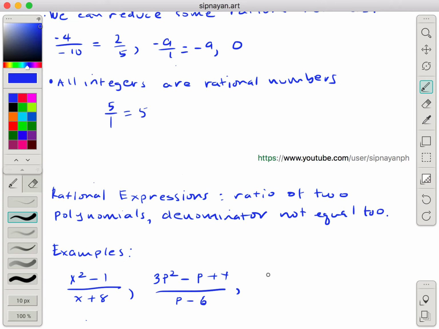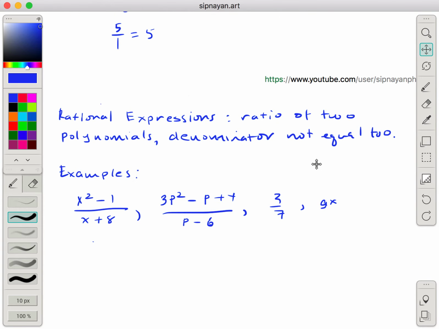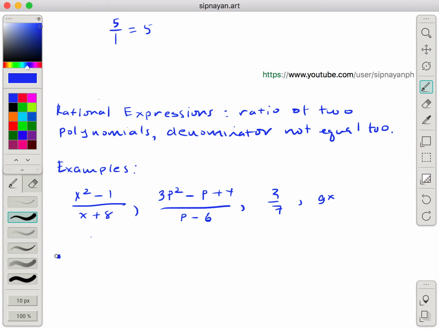And of course 3 over 7. Dahil yung integers are also monomials, so still pasok ito sa rational expressions. And of course yung ax, kasi pwede ka naman mag ax o 9x, for example. Sorry, 9x over 1. So pag nag-over 1 ka dyan, this is still a ratio of two polynomials. Okay, so again, i-emphasize lang natin yung note ko.